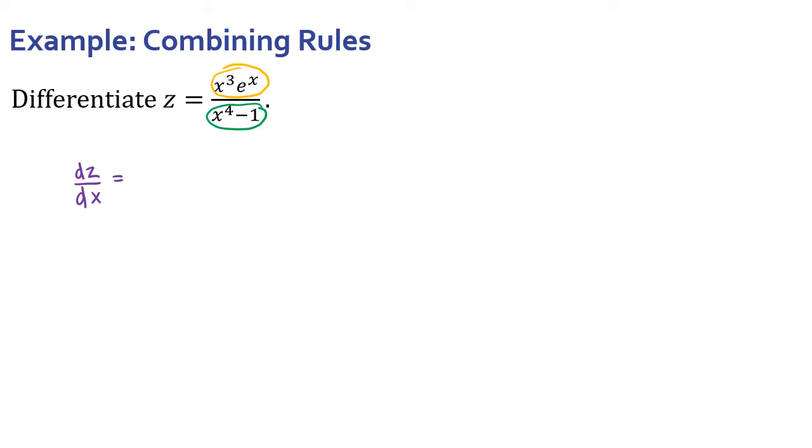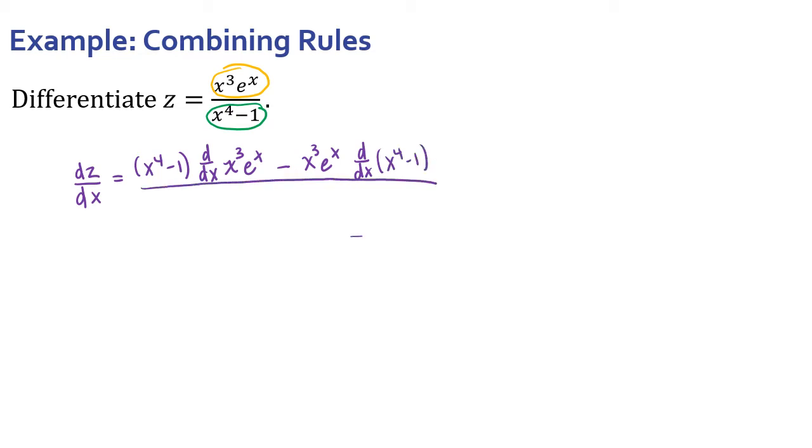Okay, so that's going to be the denominator, so the bottom function times the derivative of the top, minus top times the derivative of the bottom, all over the bottom squared.